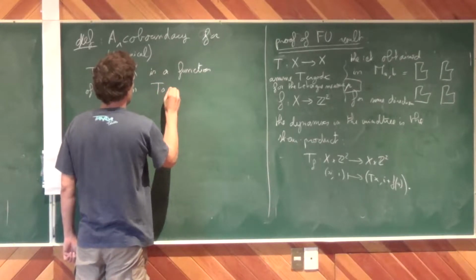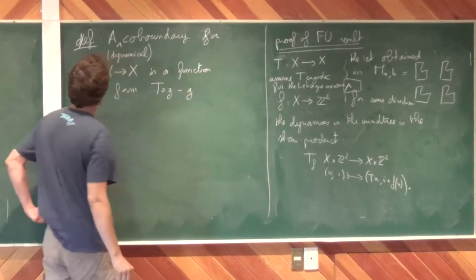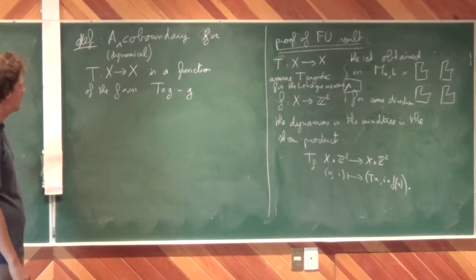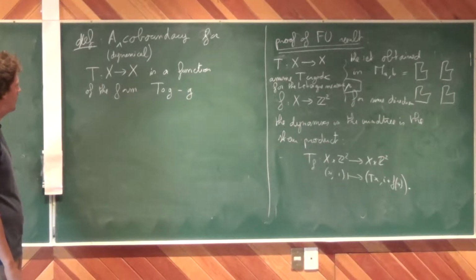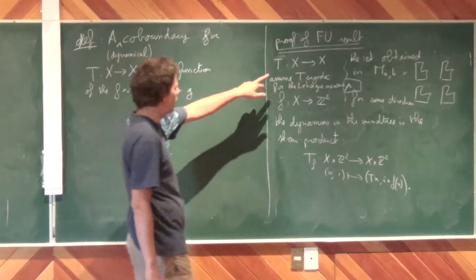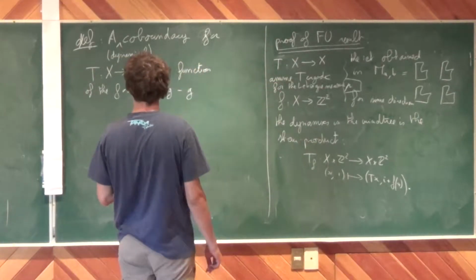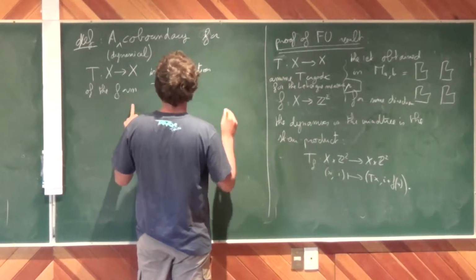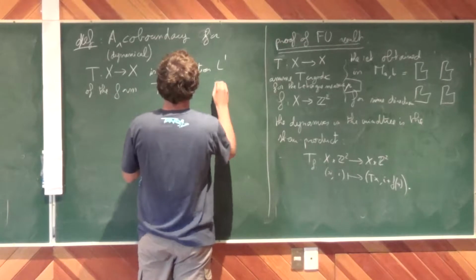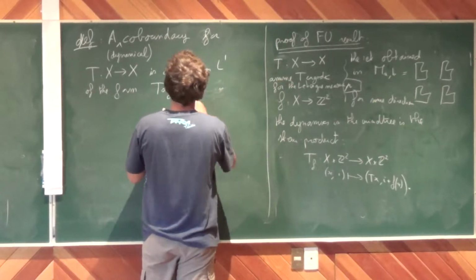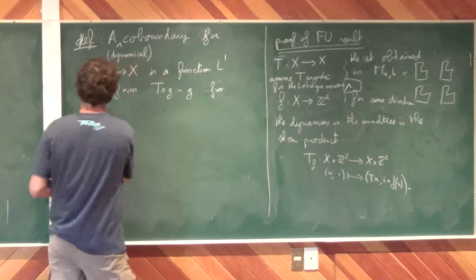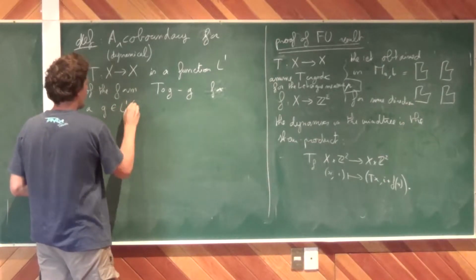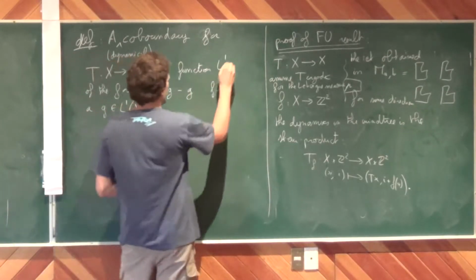Which function space are you considering? Yes, right, I should say that. Let's say continuous, but then the topology on X is not the topology of the interval, so I don't want to say that. Let's say L¹. Let's say everything is L¹ for now, for g in L¹(X, mu).